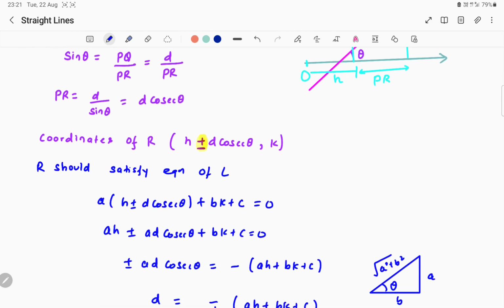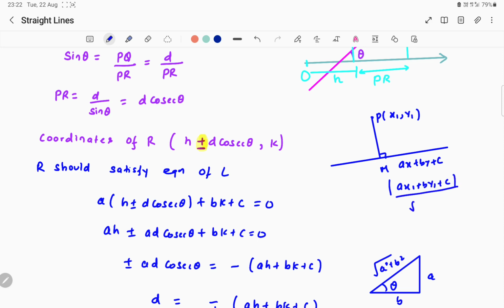So now first comes the formula, and then we'll see the proof. What the formula says, let's say P is (h, k), or let's say (x1, y1), and the line is ax plus by plus c. So this perpendicular distance PM is given as mod of (ax1 + by1 + c) divided by root under a square plus b square.